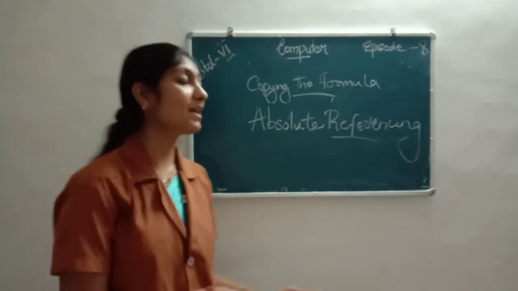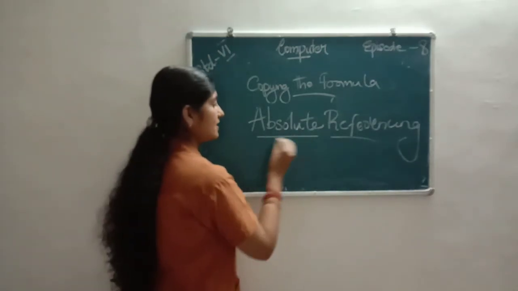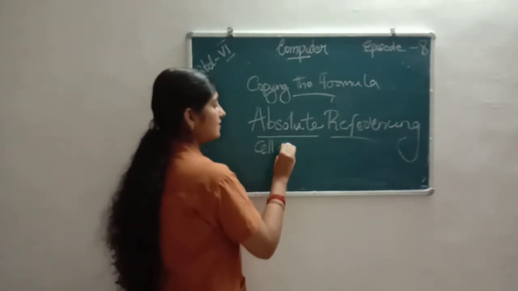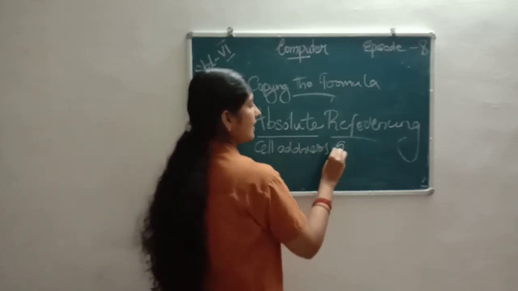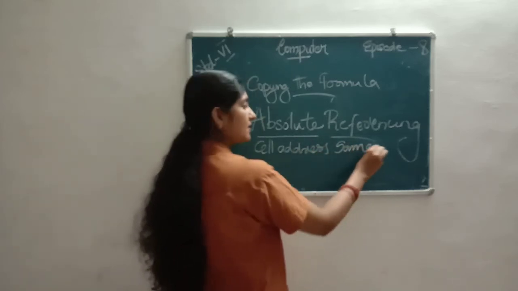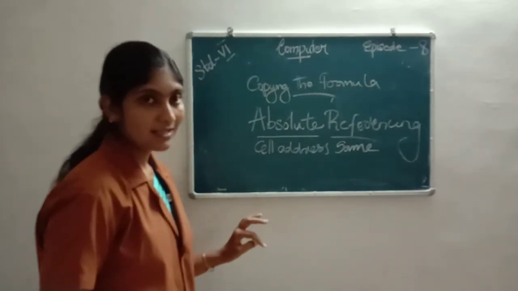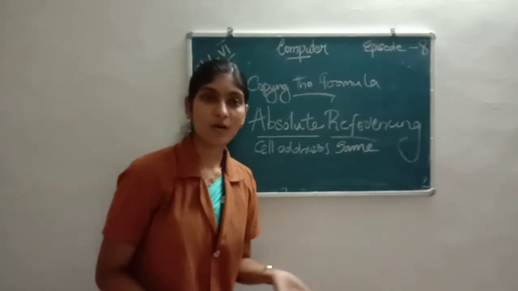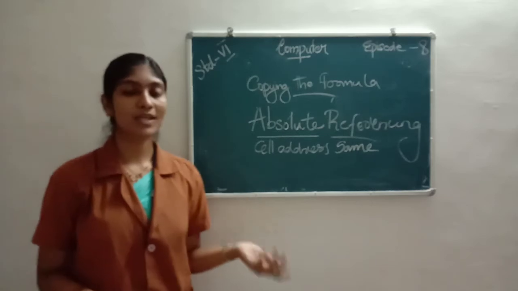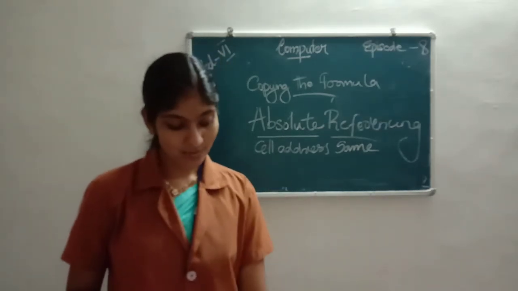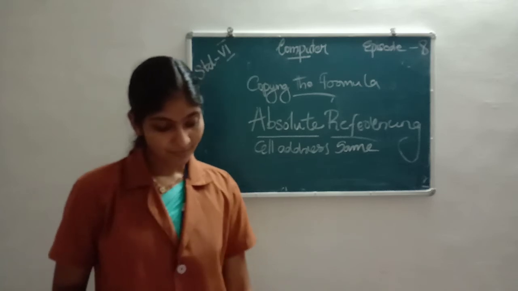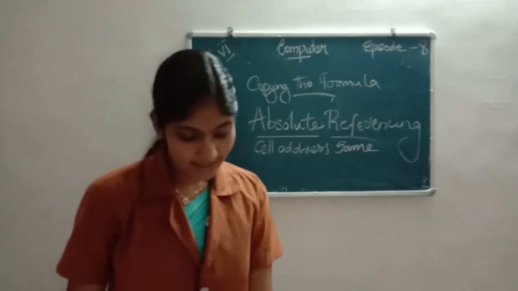The cell address remains the same irrespective of the rows and columns. And how can we differentiate between relative referencing and absolute referencing? Just one point: the cell address.